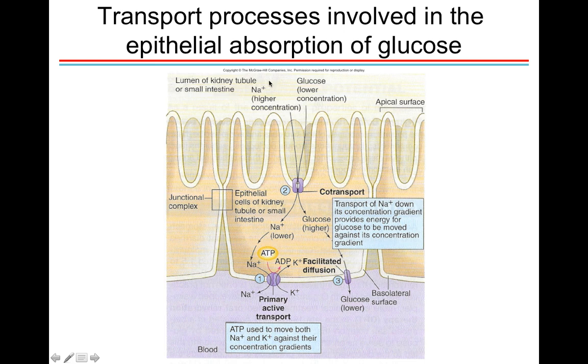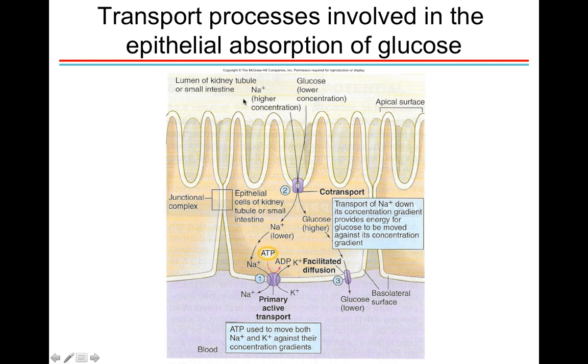And then above the epithelial cell we have the lumen of the kidney tubule, or the small intestine. So I'm going to talk right now more focusing on the small intestine because I think it's easier conceptually at this point than the kidney tubule. But this process occurs in both of those tissues in the body.